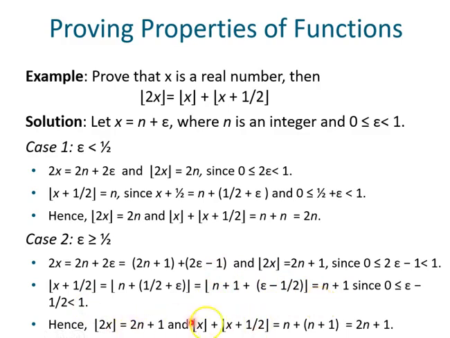The floor of x is n. The floor of x plus 1/2 is n plus 1. And we get 2n plus 1 as the value of the right-hand side, which is the same as the value of the left-hand side. So both are equal in this case 2 as well. And this completes the proof.